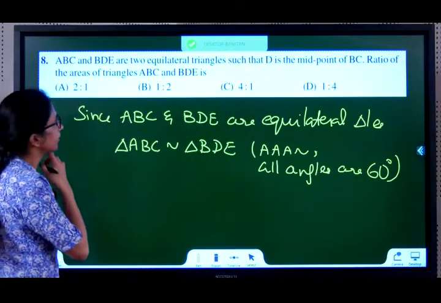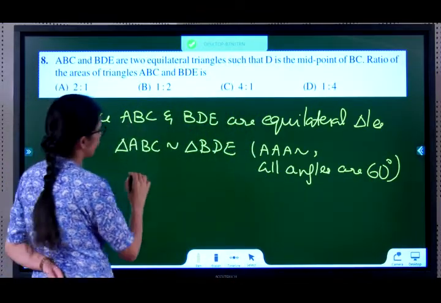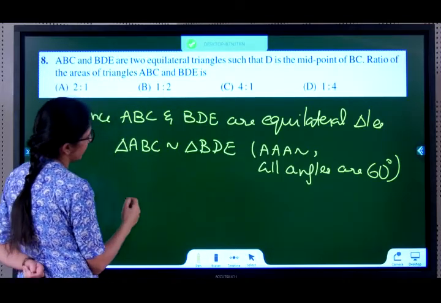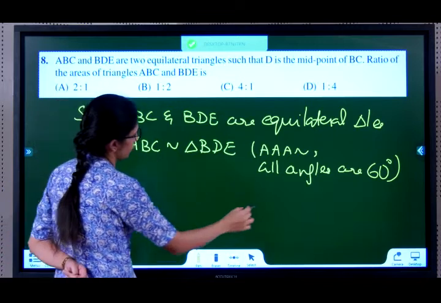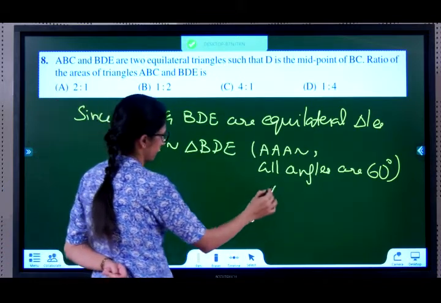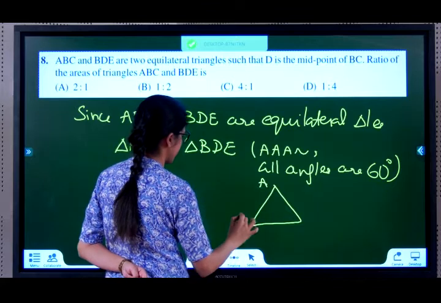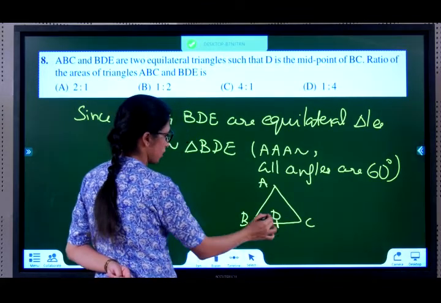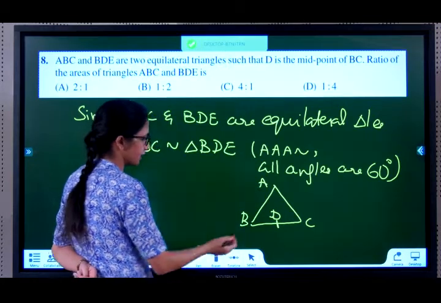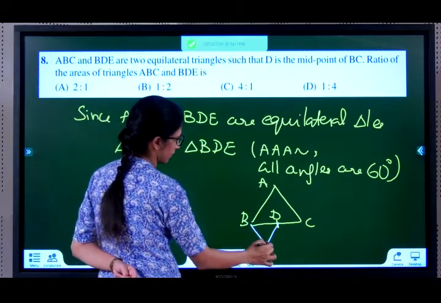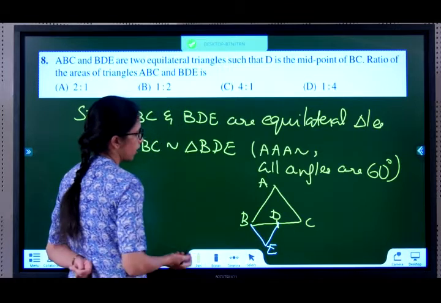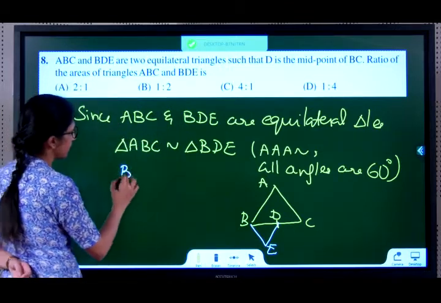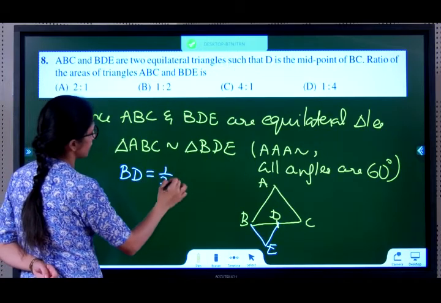Okay. So here they are saying D is the midpoint of BC. If you try to draw this figure, ABC, D is the midpoint on BC. So I have to create BDE. You can create it anywhere, up or down. I will create it here. So D is midpoint of BC, so can I write BD is equal to half BC.